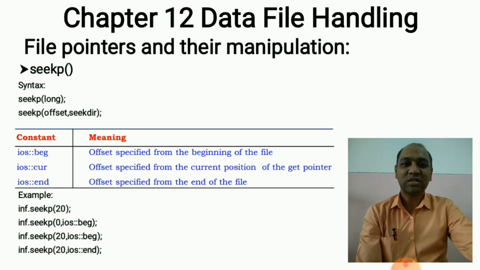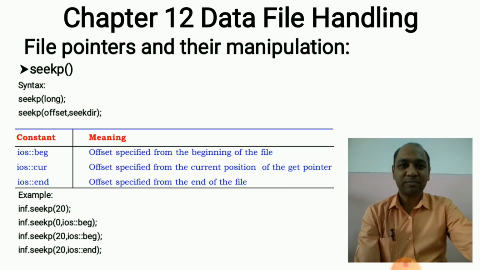So inf.seekp(20, ios::beg). This indicates we are moving the put pointer from the beginning to the 20th byte. Next, inf.seekp(20, ios::end) means what? We are moving the put pointer from the end to the 20th byte.